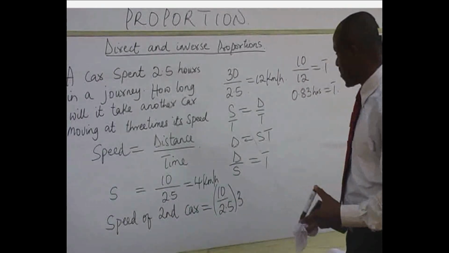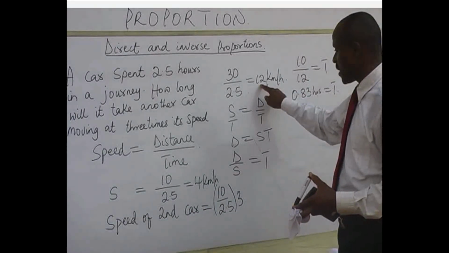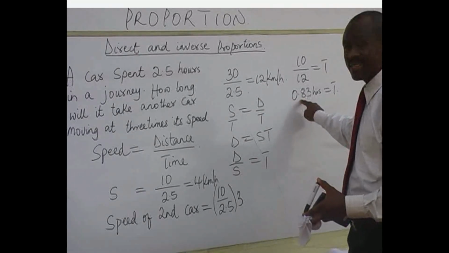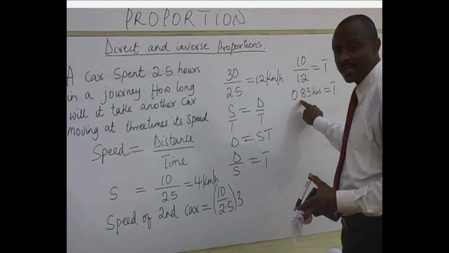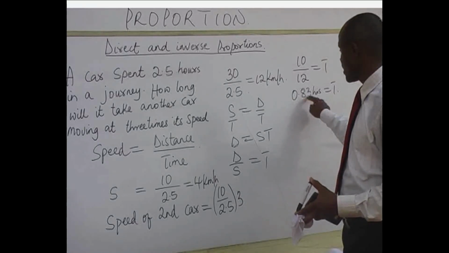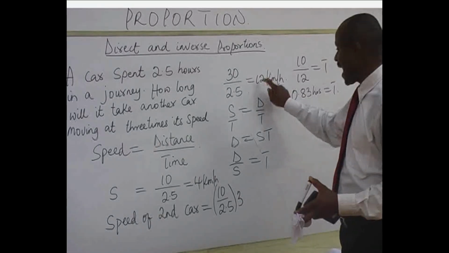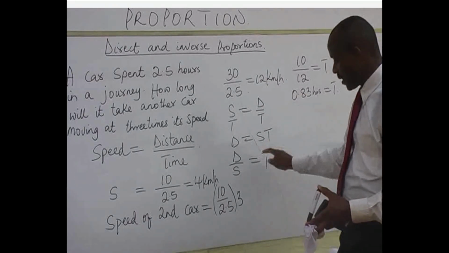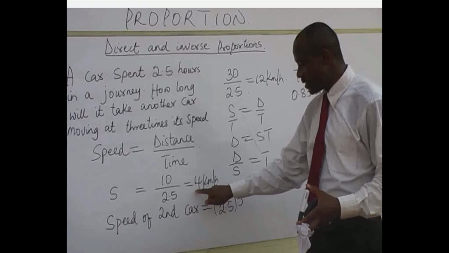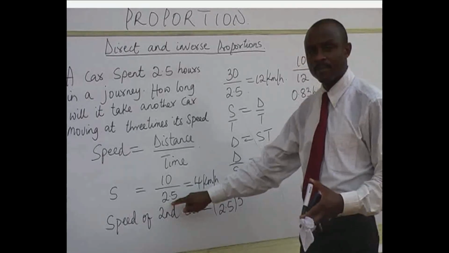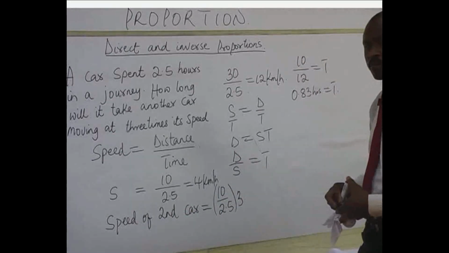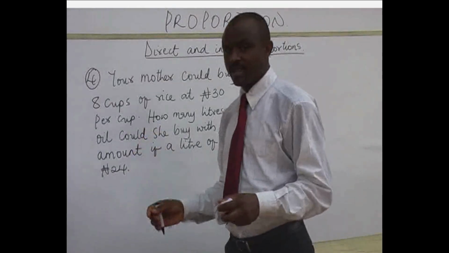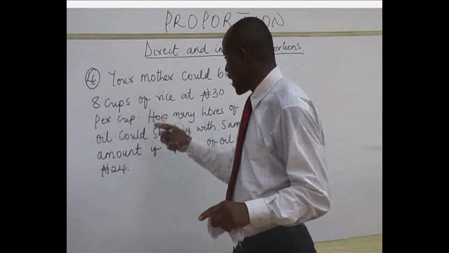But when the speed increased to 12 kilometers per hour, the time taken became less than 1 hour, 0.83. That means the higher the speed, the less the time. The smaller the speed, the more the time. So this is an example of inverse proportion.